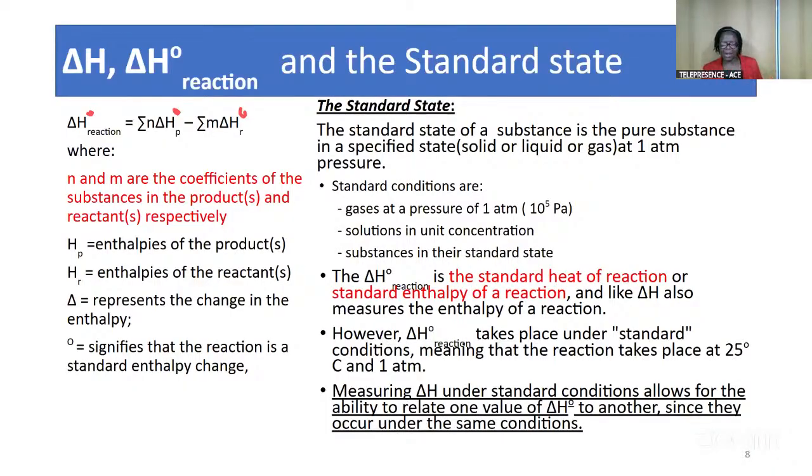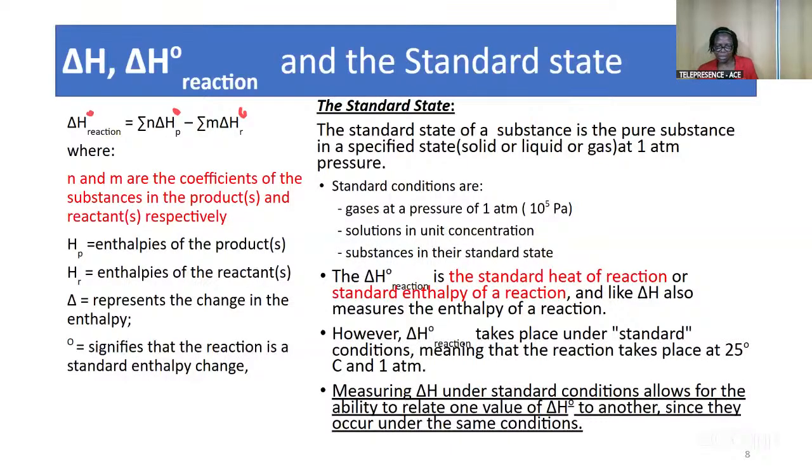So when we say standard state, then we must indicate the sign, and it means that the reaction is taking place at 25 degrees Celsius and 1 atmosphere for the reaction itself. If you are measuring delta H, then measuring it under standard conditions will allow us to relate one value of delta H to another, since all of them are occurring under the same condition.